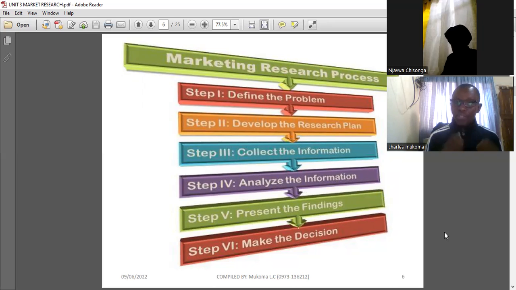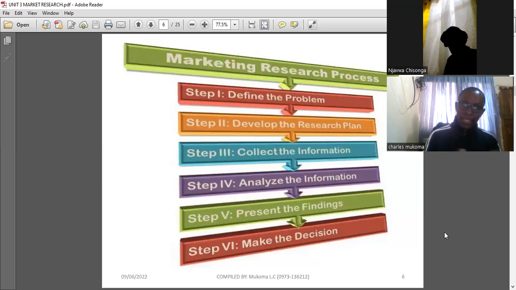Step number 2, develop the research plan. How are you going to do the research? How are you going to do your investigation? Step number 3, collect the information. Go in the field, gather the information. Why are we having challenges to sell our product? People are not buying our product.